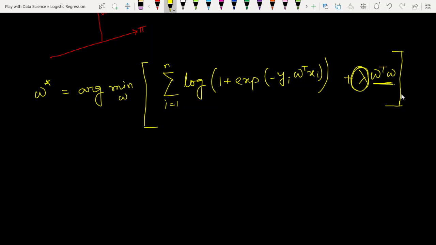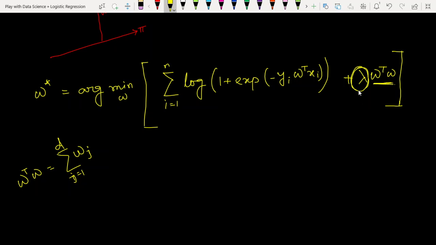The multiplication W transpose W is the sum over i equal to 1 to d of wi squared.